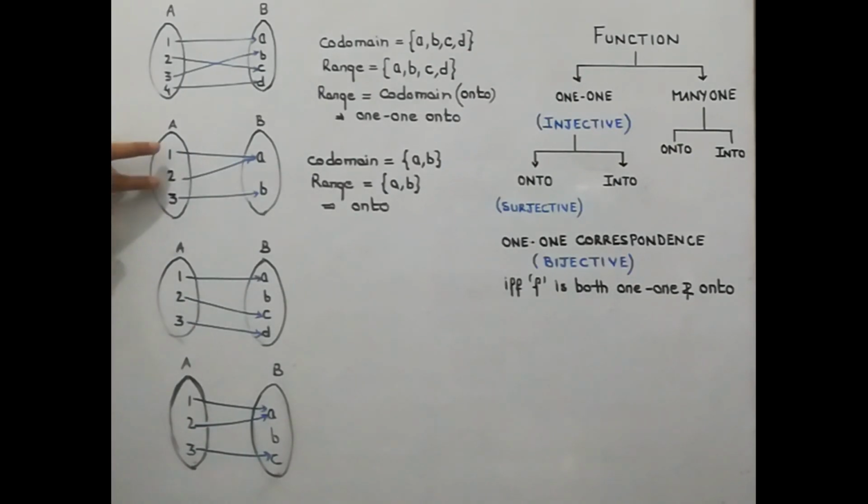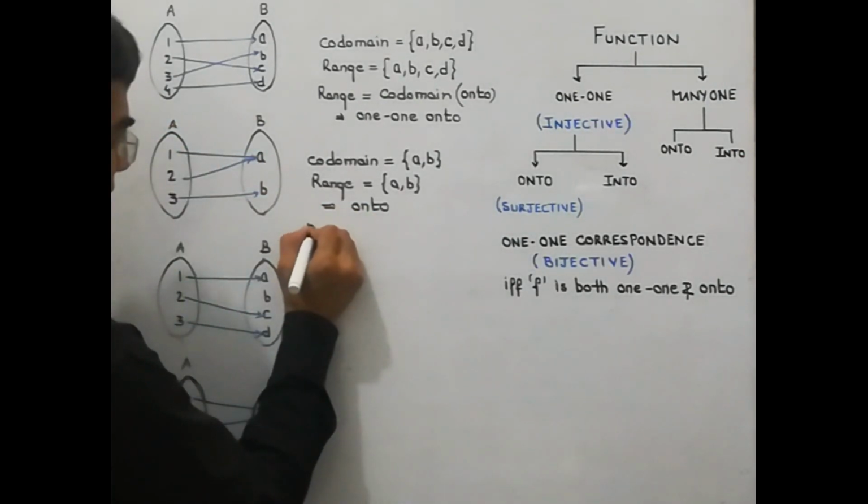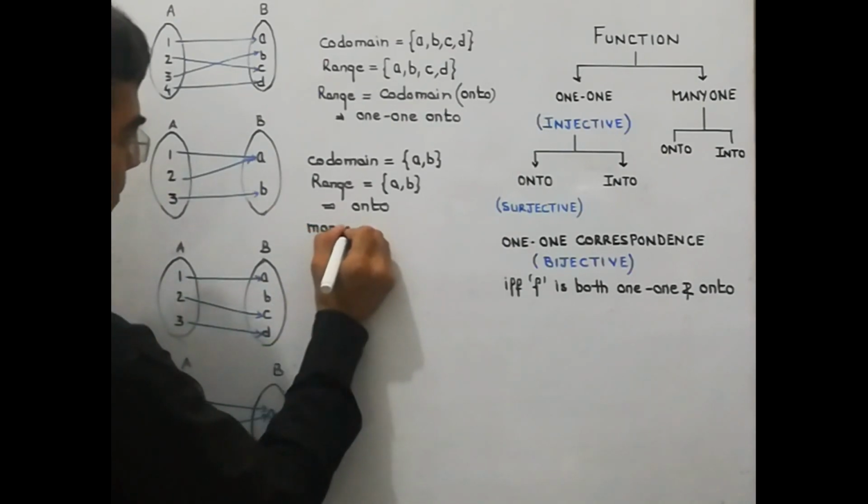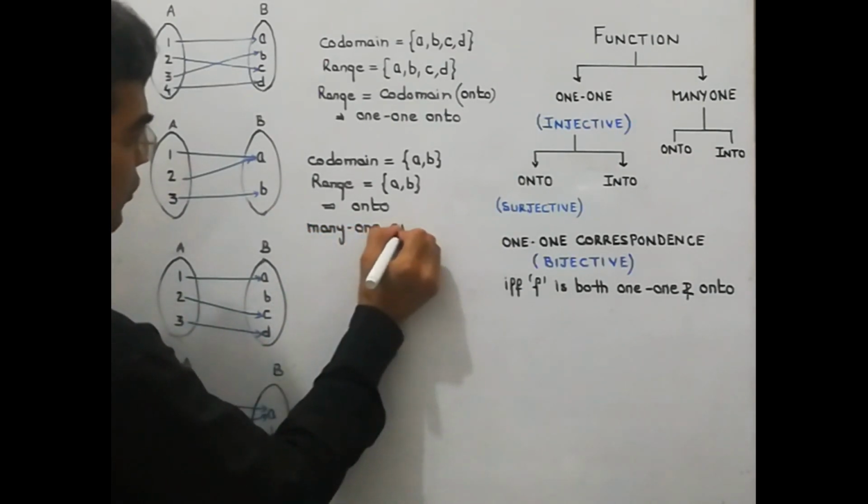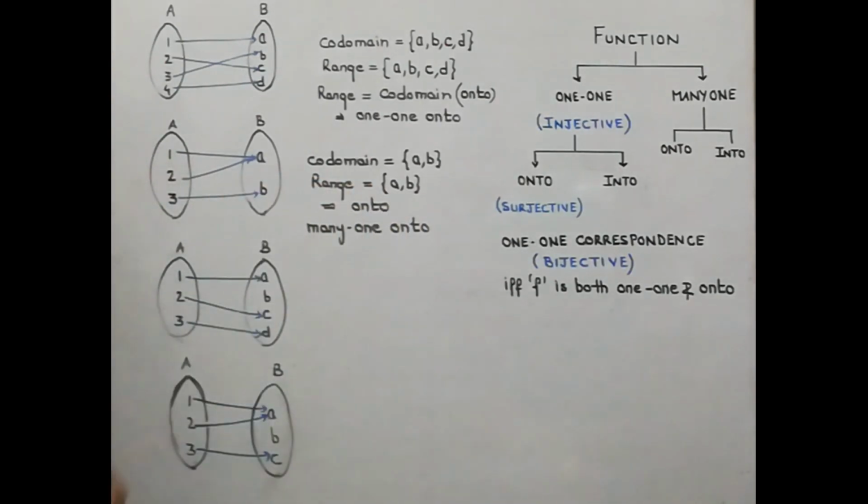But two elements were having the same image, so this is many one. So altogether we can write this is many one onto. As you can see, this second function is many one onto, so we cannot call it 1 1 correspondence, because for 1 1 correspondence it should be 1 1 as well as onto both.